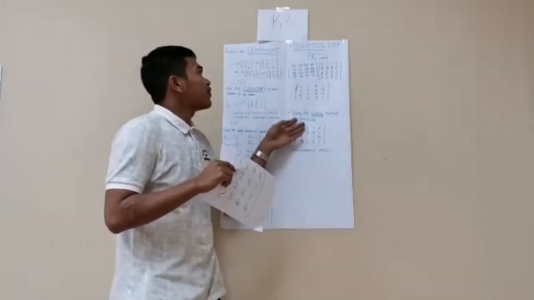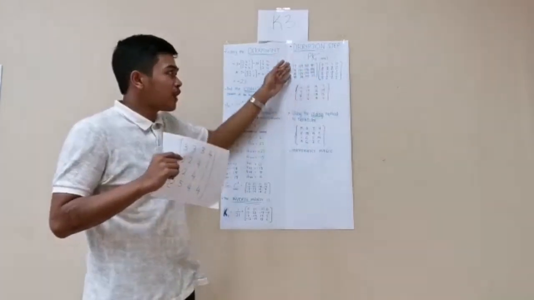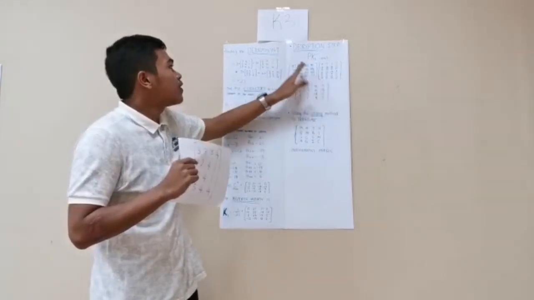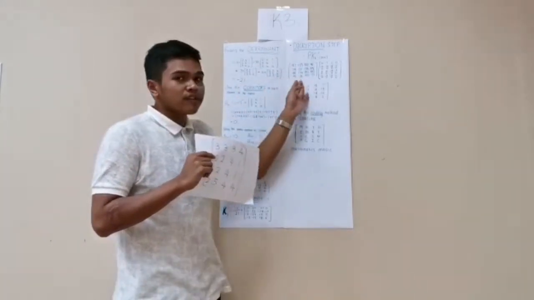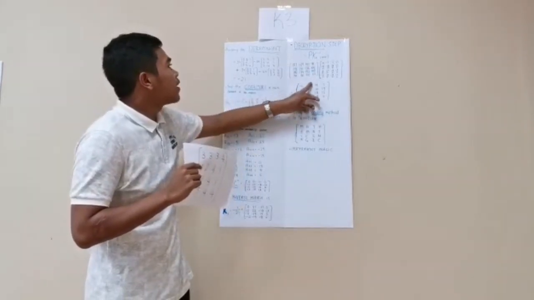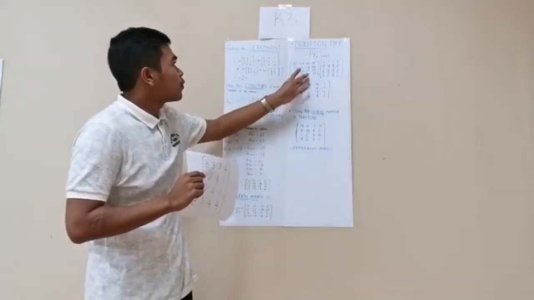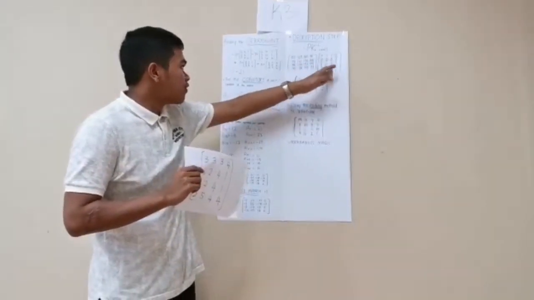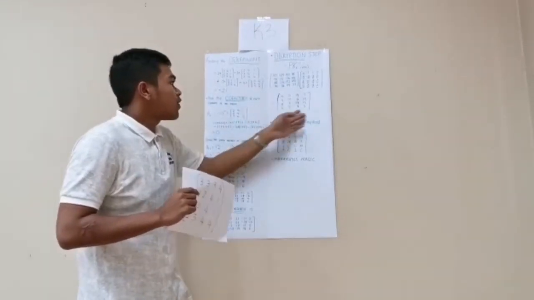So the last step, we multiply the P matrix with K inverse. The P matrix was given in this question, and we multiply it with the K inverse. So lastly we will get the answer, the matrix.